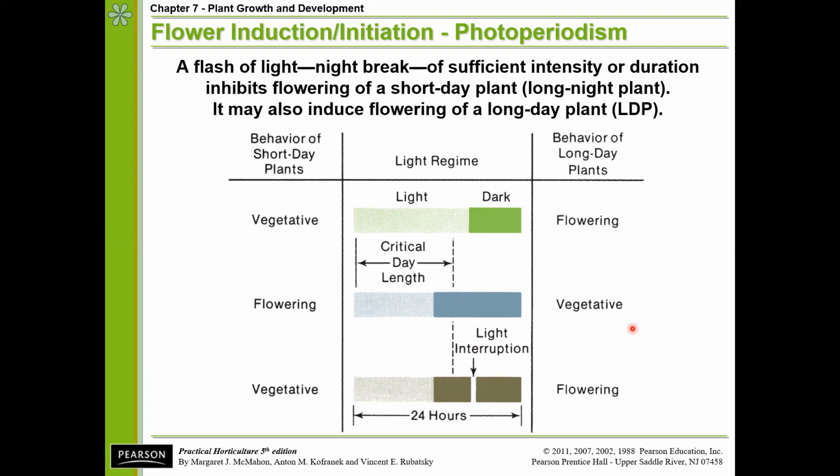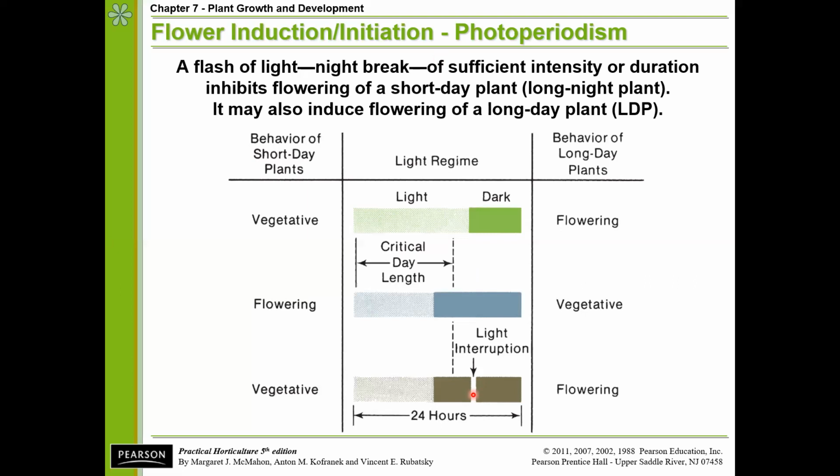So one way that horticulturists have figured out to change that photo period is by using this night break, which is just a flash of light for a short period of time to interrupt their night cycle so that the plant thinks that it's getting the long day that it needs to flower, or the short day in some cases.